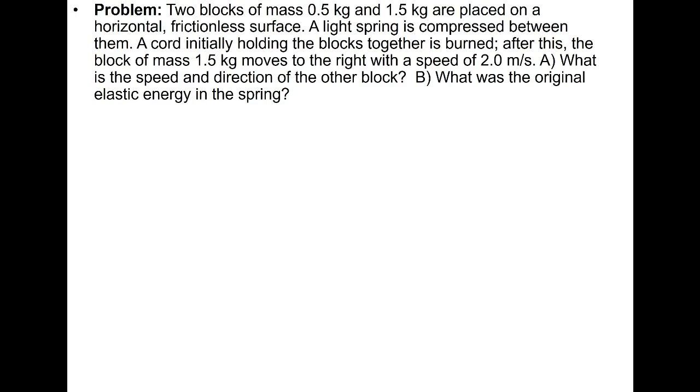Now we have two blocks that are 0.5 kilograms and 1.5 kilograms, and they're placed on a horizontal frictionless surface. A light spring is compressed between them, and a cord initially holding the blocks together is burned.